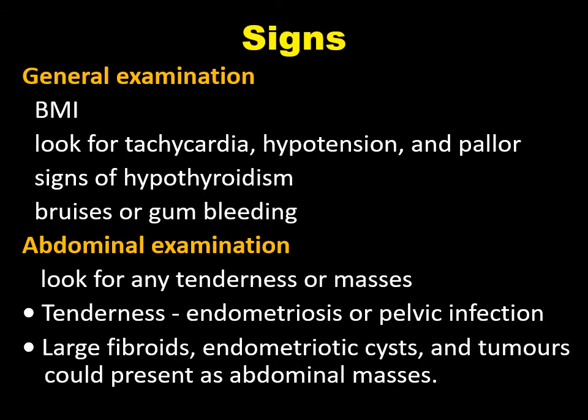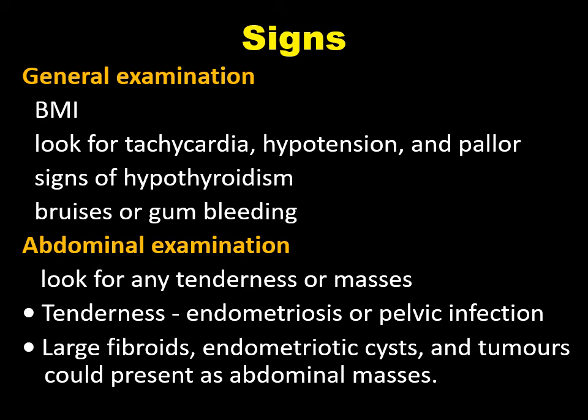On examination, start by looking at the patient in general, checking her body mass index, vital signs. If acute abnormal uterine bleeding, she may have tachycardia, hypotension. Pallor is one of the signs.